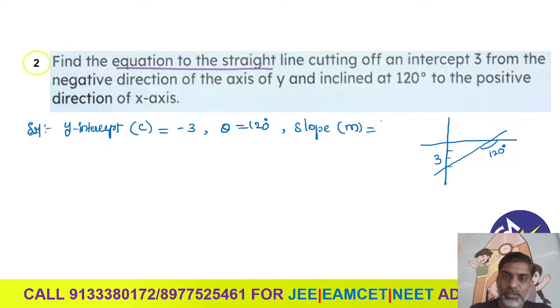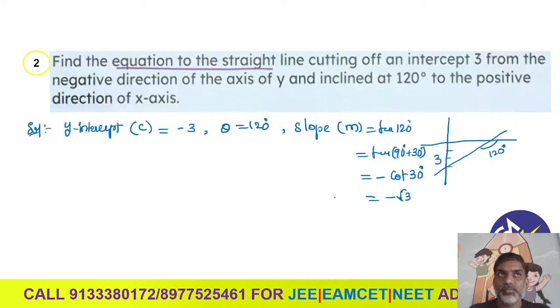Slope m is equal to tan 120. So this equals tan of 90 plus 30. Tan of 90 plus 30, which quadrant is it? It is the second quadrant. In the second quadrant, tan is negative: minus cot 30. So minus cot 30 is minus square root of 3.